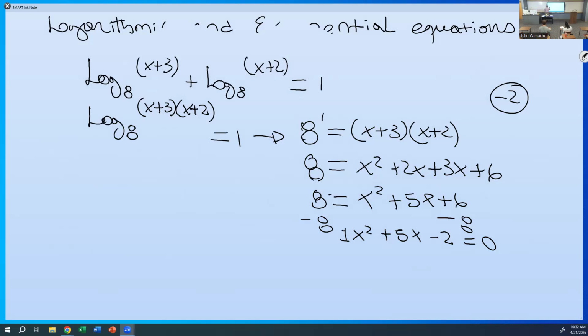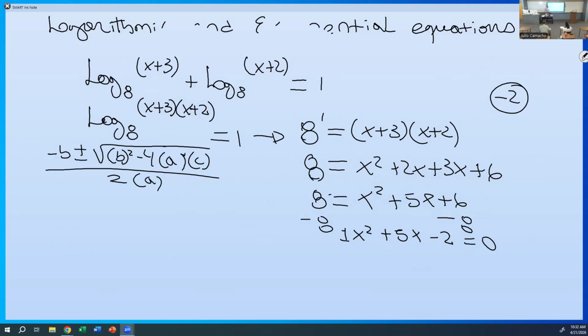The formula is negative b plus or minus the square root of b squared minus 4 times a times c, all over 2 times a. That's the quadratic equation.